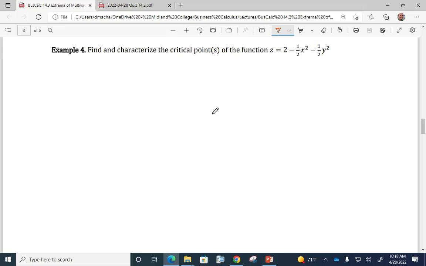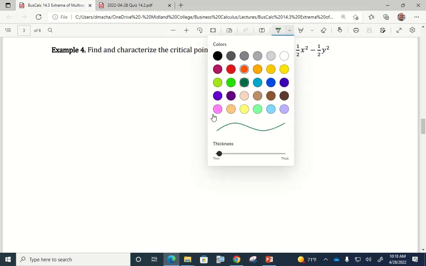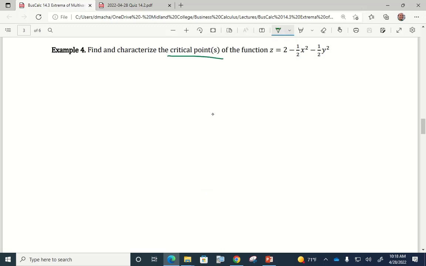Example 4 says, find and characterize the critical points of that function. So if we're trying to find critical points, I have to set my first derivatives equal to 0.